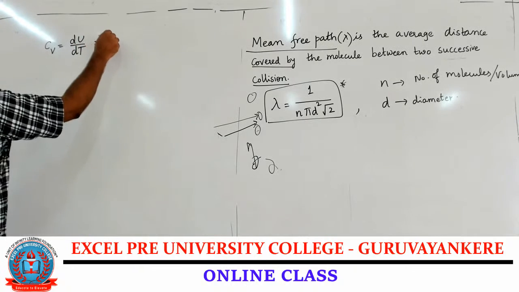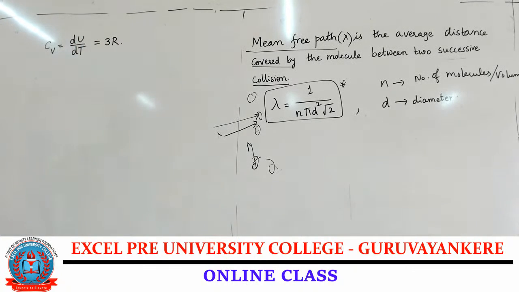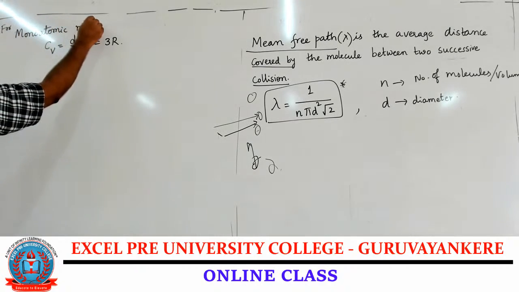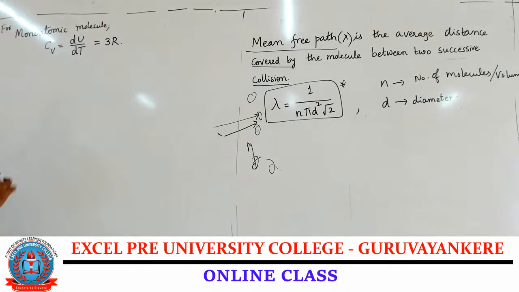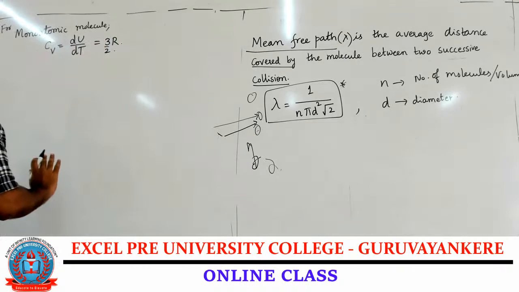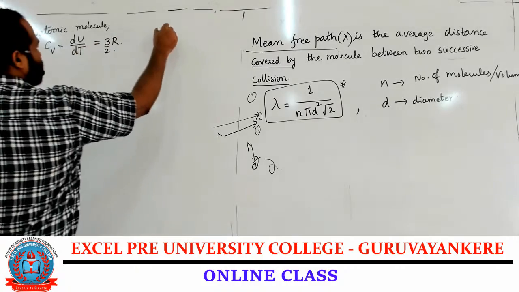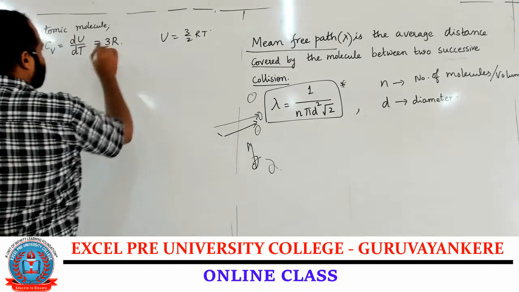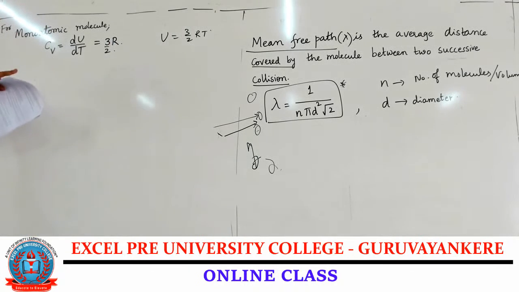For a monoatomic molecule, with 3 degrees of freedom, Cv will be 3 by 2 R, because energy will be transmitted in all directions. Because total energy U was 3 by 2 RT, right? So Cv is dU by dT, that is 3 by 2 R.